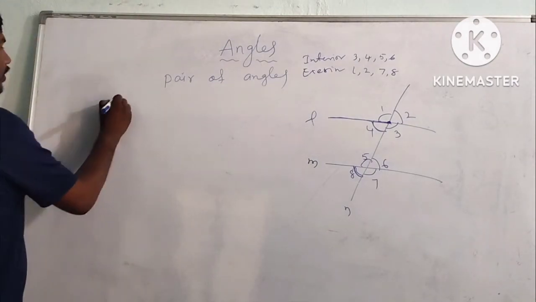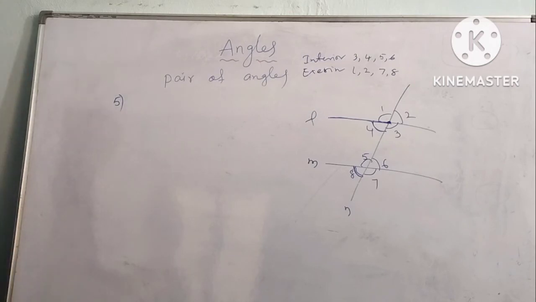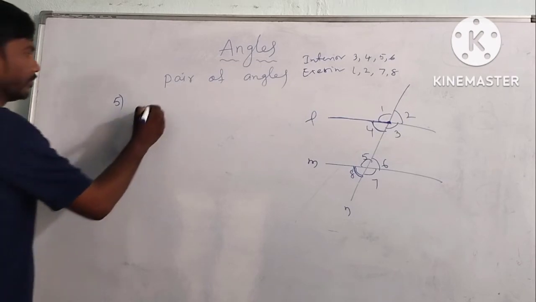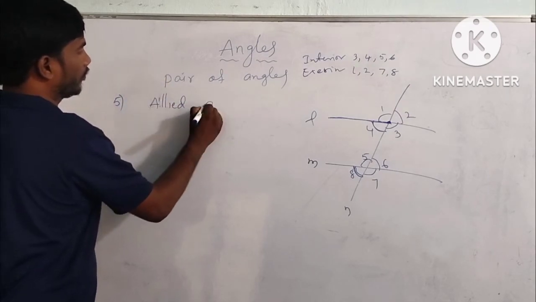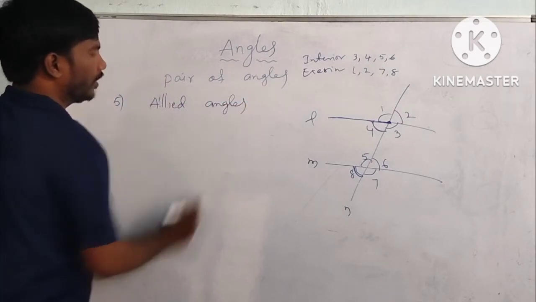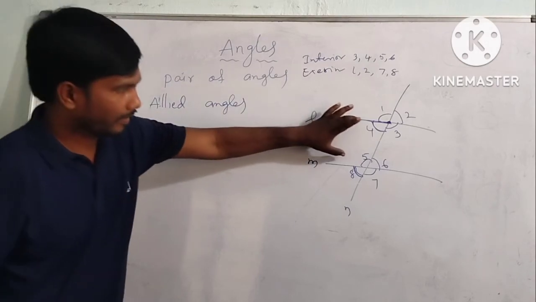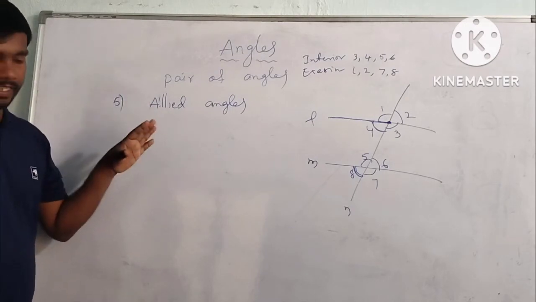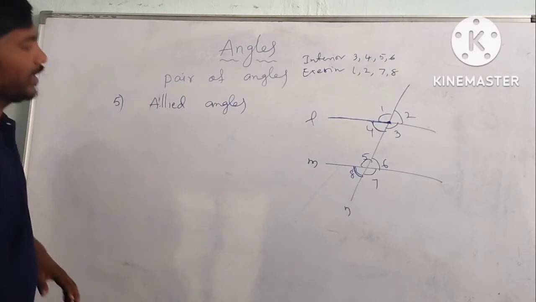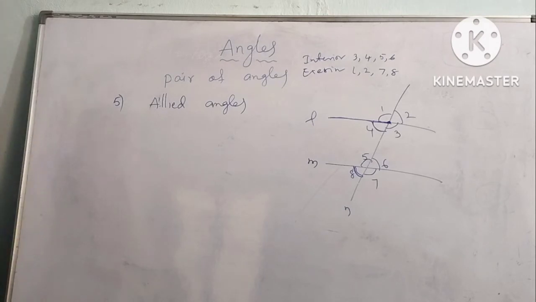Next, the fifth pair of angles: allied angles. Allied angles means both of them need to be interior, and both the angles need to be on the same side of the transversal.